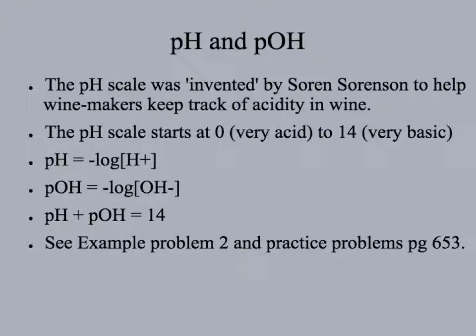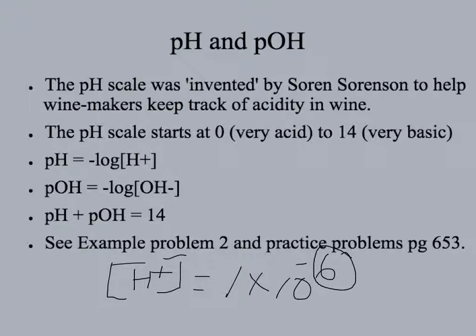So what he did is, for instance, if we had something that was an H plus equal to 1 times 10 to the negative 6th, he would just circle the power by itself, and when he circled the power, that is the pH.